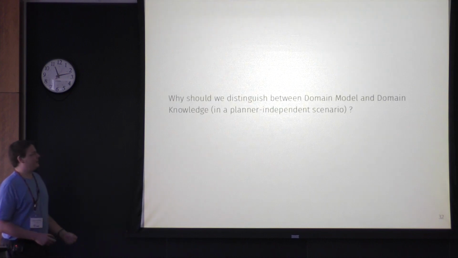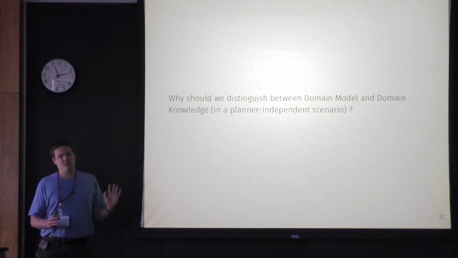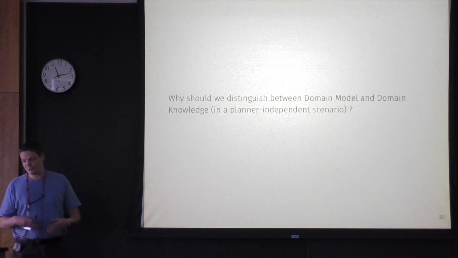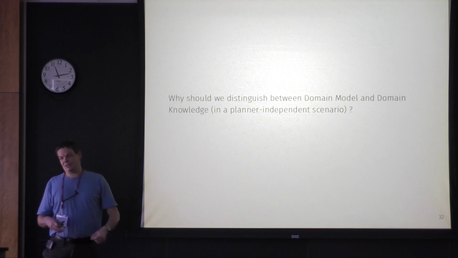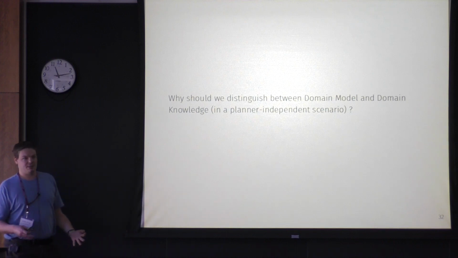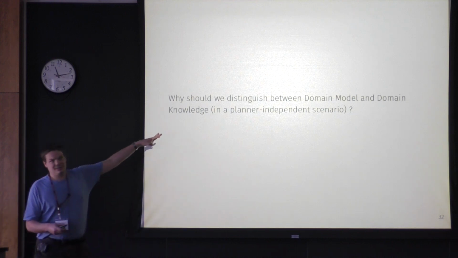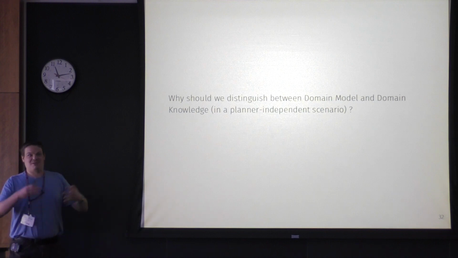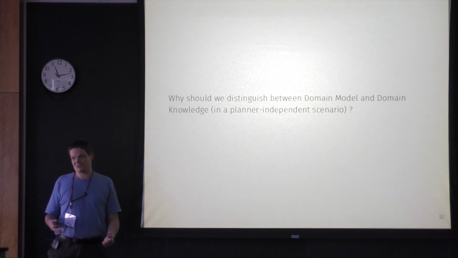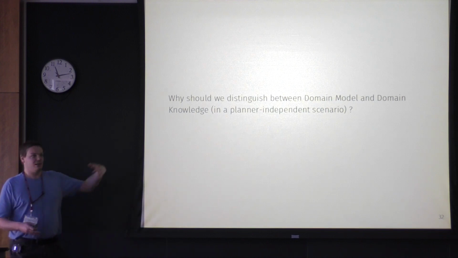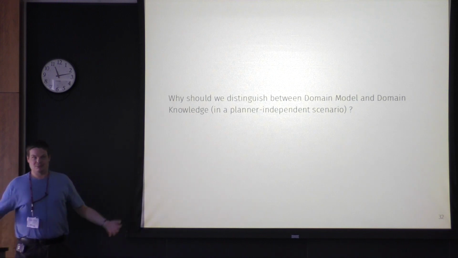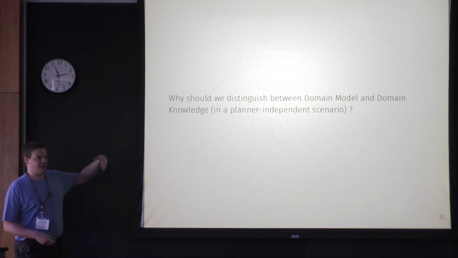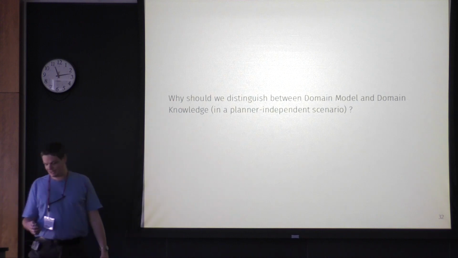So here the question is, why should we distinguish between domain model and domain knowledge if we consider a planner-independent scenario, where at the end we still need some sort of enhanced domain model, because a generic planning engine can't accept other information than the domain model and problem specification?